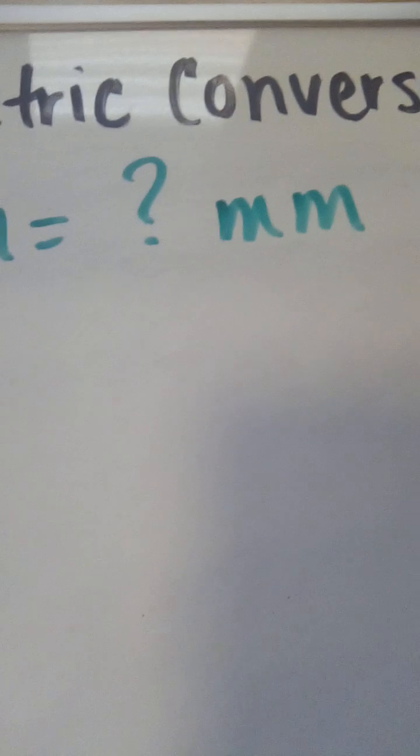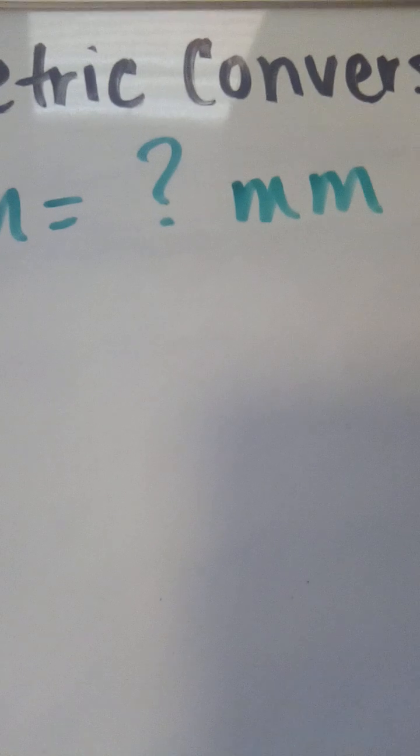Meters converted to millimeters. So we're going forward instead of going backwards. Okay, so we have 6.9 meters converted to millimeters. How many millimeters, okay? The conversion chart is going to help.